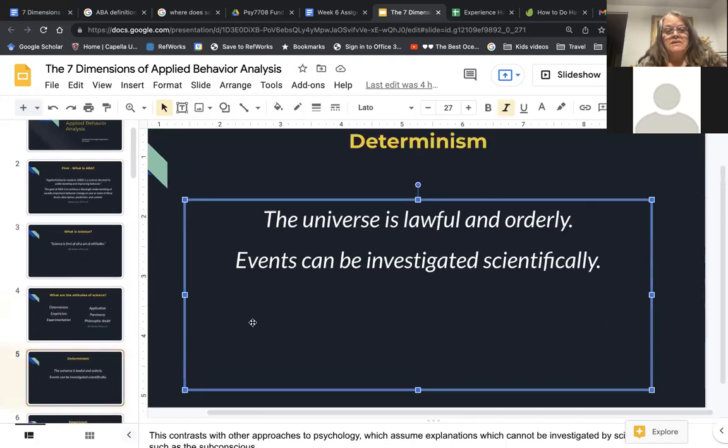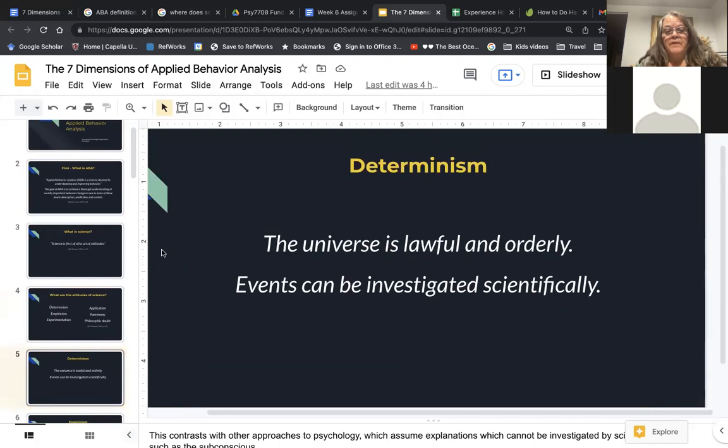So what is determinism? This is the assumption that the universe is lawful and orderly. Think of planets moving around the sun in the solar system. They move in an orderly manner. Chemicals that interact with each other, those interactions are orderly and predictable.